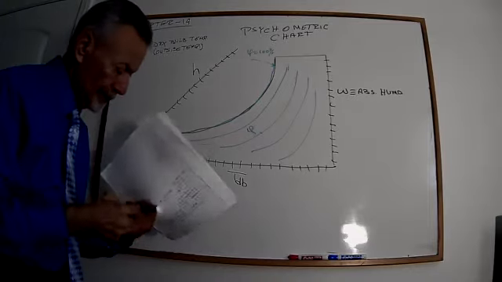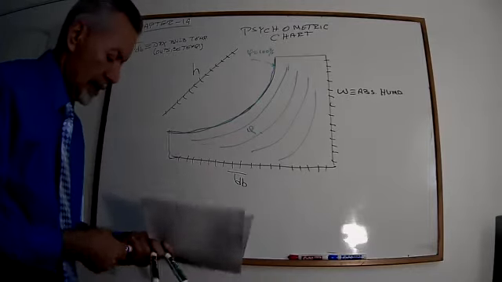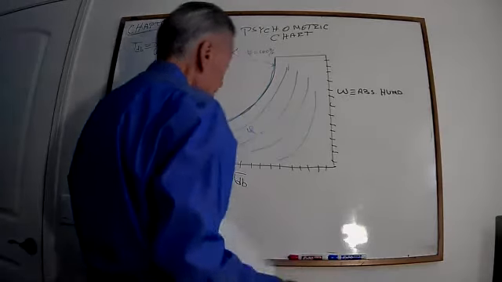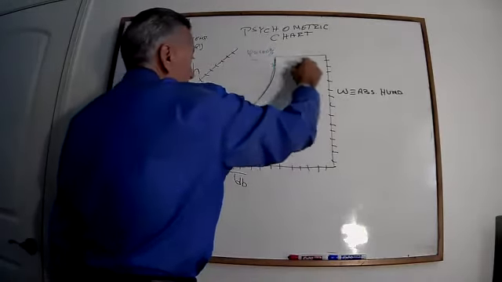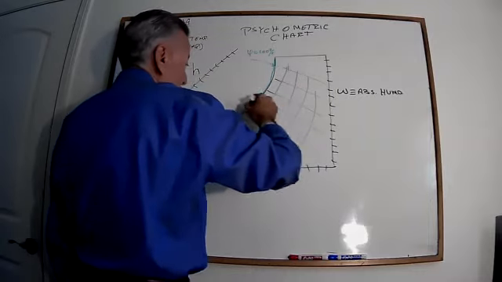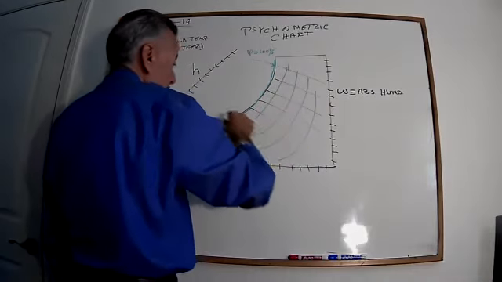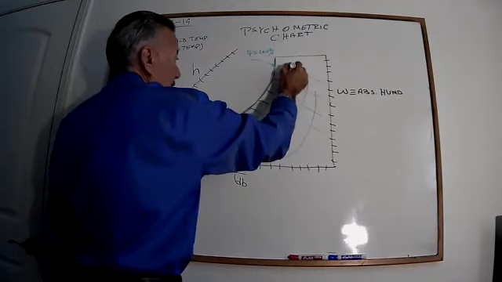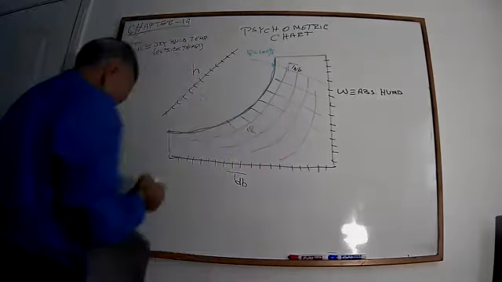Now, there are lines going this direction. These lines represent wet bulb temperature.